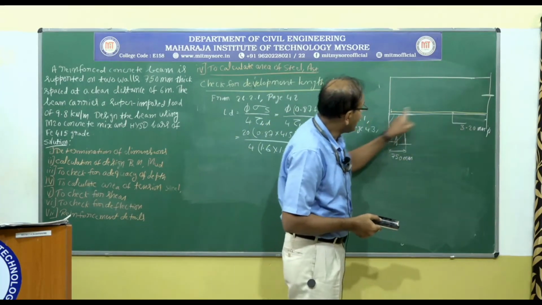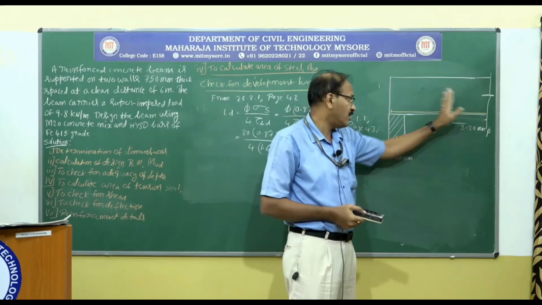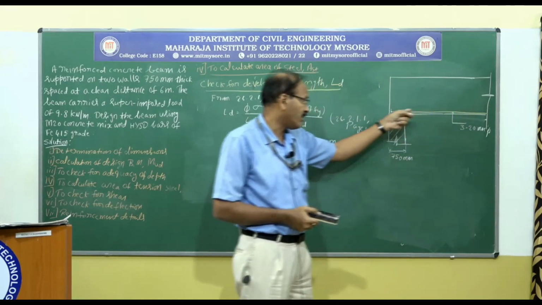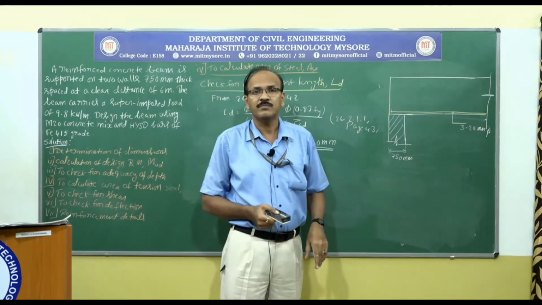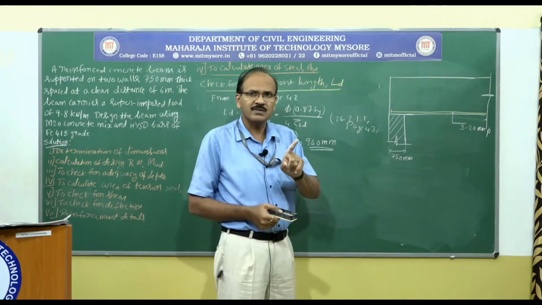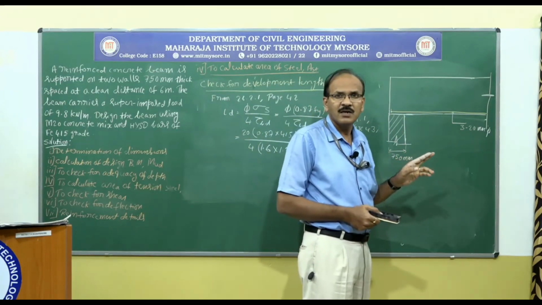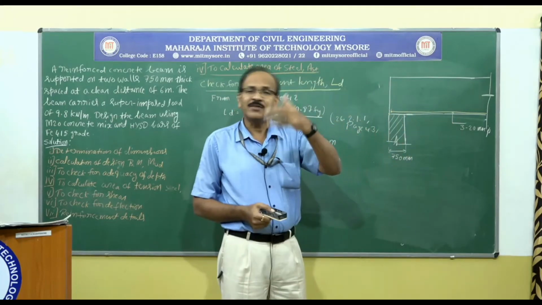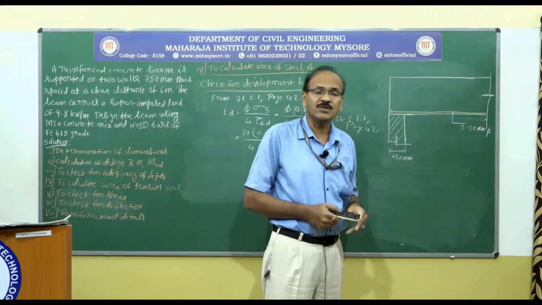So if you look here, I have not curtailed any bars here. That means I have not cut any bars. What I have done here is I have continued all the 3 bars into the support. But the code says, in case of simply supported, at least 1/3 the number of bars should be continued here into this support.